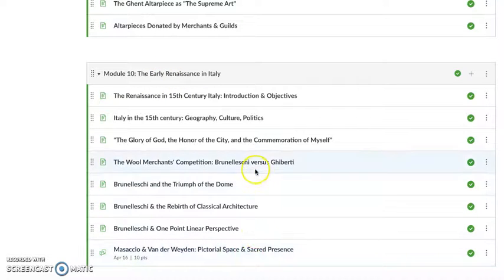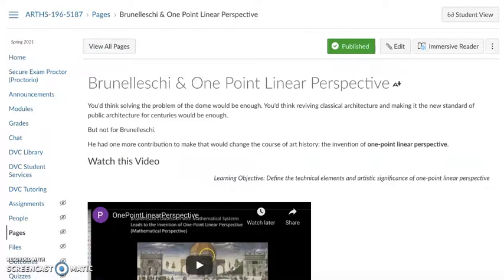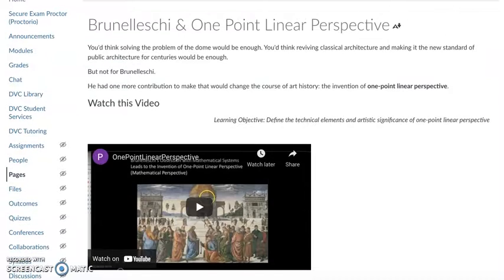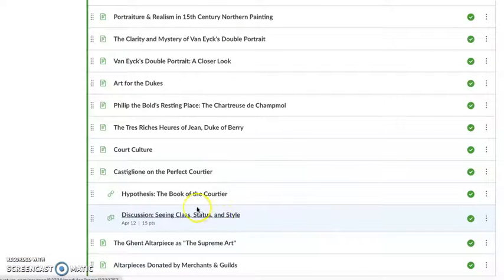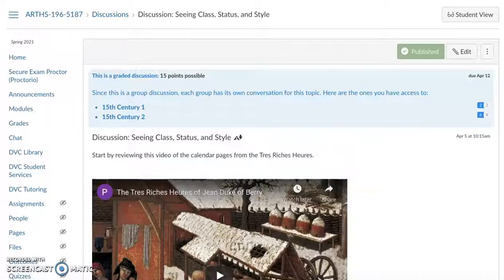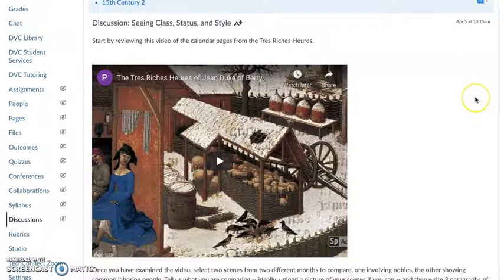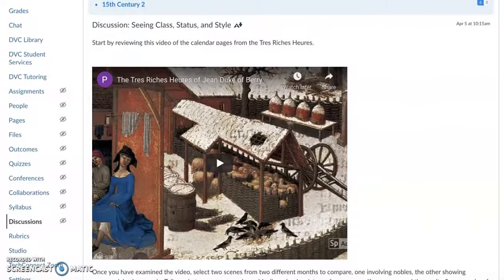And one of the most important things you're going to learn about in this module is the development of a new kind of space called one-point linear perspective. It's very different than the kind of space that you see in the International Gothic that you're studying right now with your discussion on seeing class, status, and style.